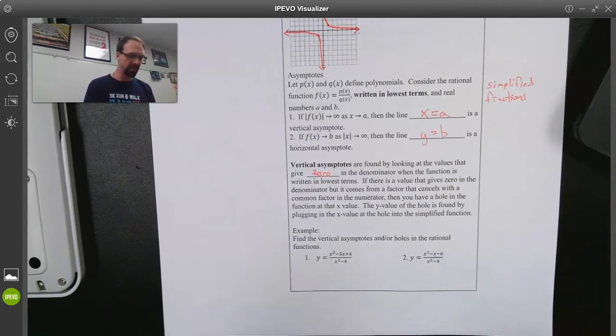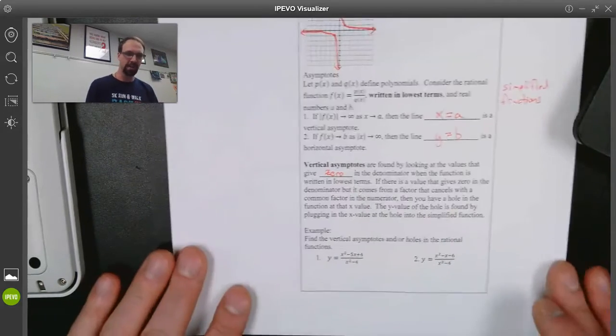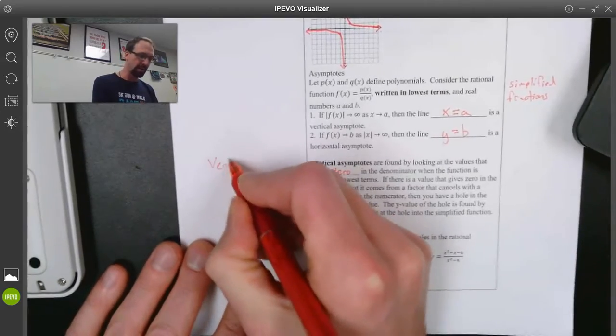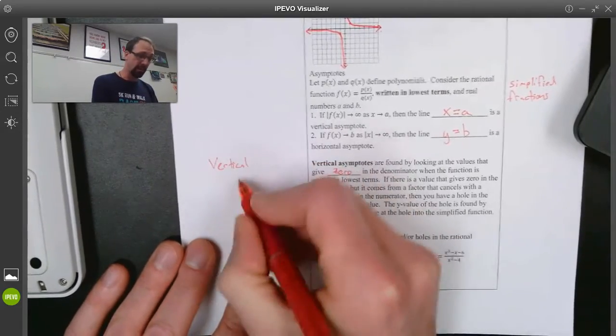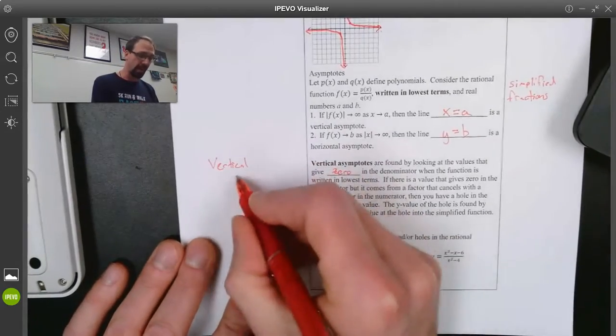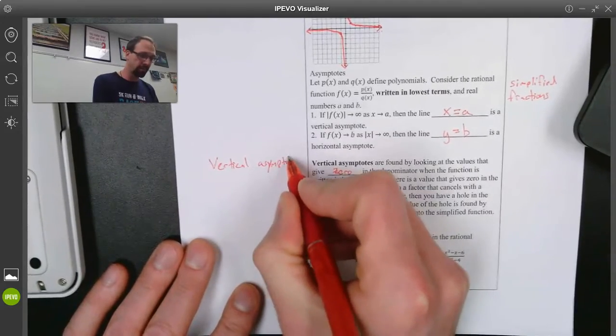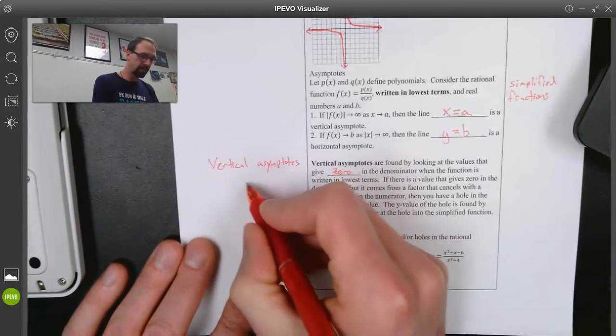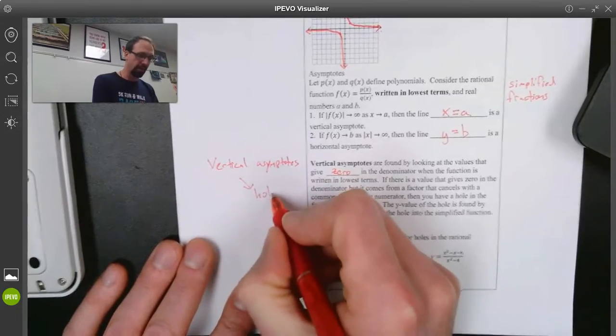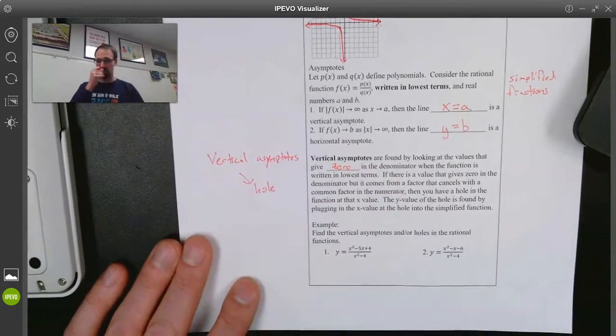So essentially, vertical asymptotes could have a special case where we call them holes. A special case is a hole in the graph.